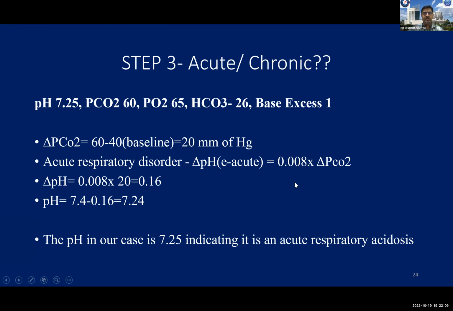So in this case, 20 multiplied by 0.008 gives you a figure of 0.16. So 7.4 minus 0.16 gives you 7.24, which is close to the clinical pH that you have got on the acid-base gas status, right? So that means that this is an acute respiratory acidosis. This is step 3. You have to find out whether it is acute or chronic.